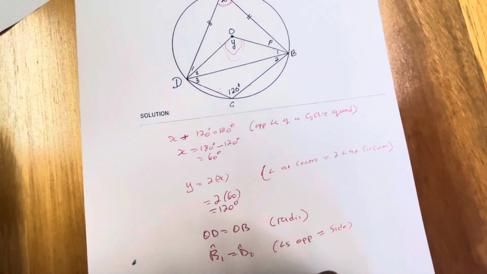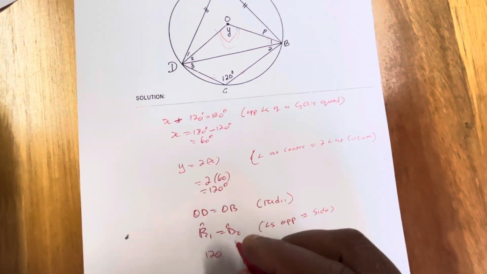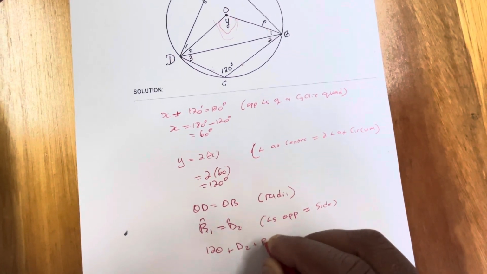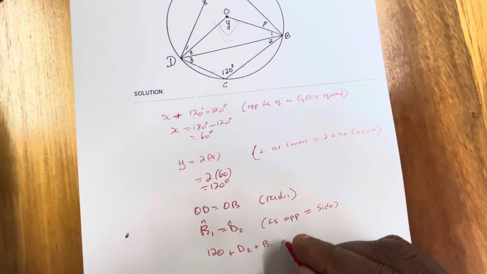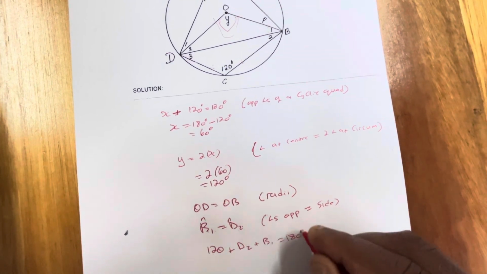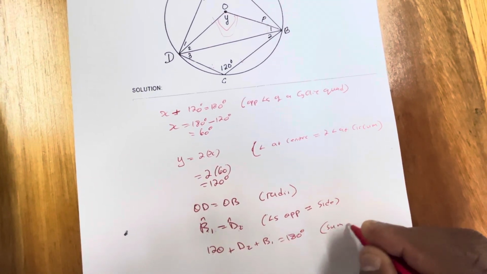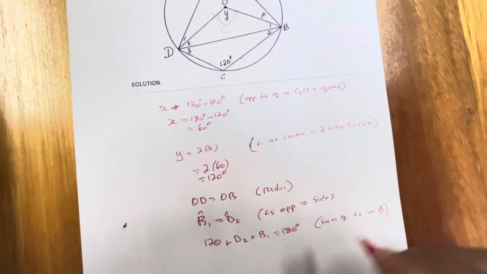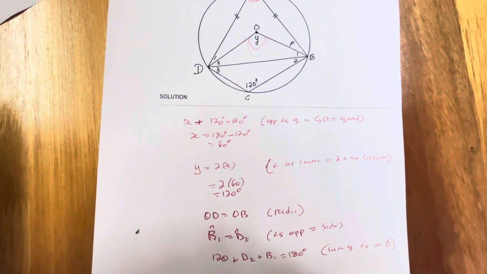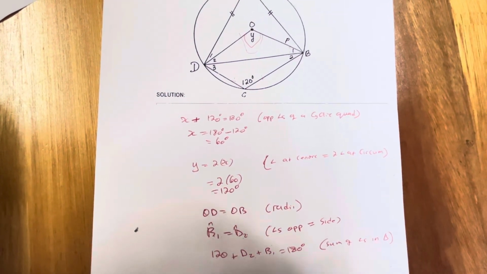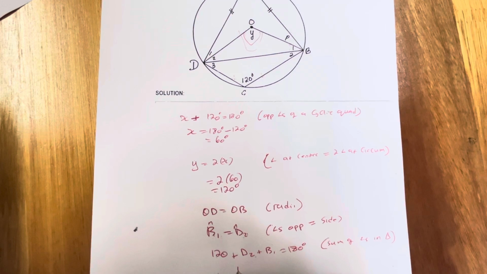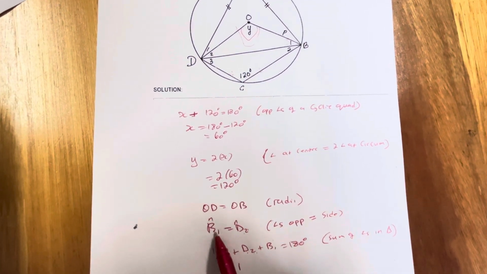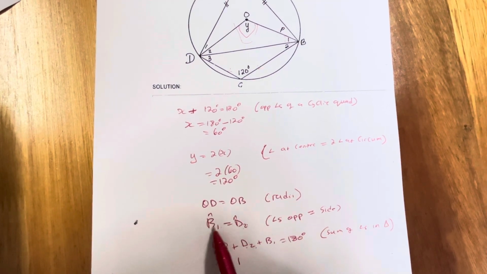So it will be 120 plus D2 plus B1 is equal to 180 degrees. Why do you say this? Sum of angles in a triangle. Basically D2 can be B1, because we proved that B1 is equal to D2.